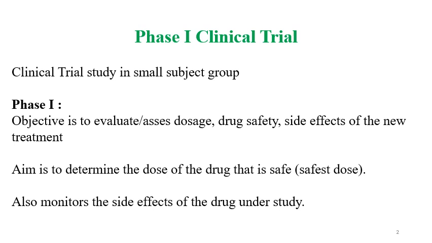And during this study, the phase 1 clinical trials also monitors the side effect of the drug under study. So if you know that the new drug is prepared, new drug is synthesized, the preclinical studies are completed, and IND is approved by the regulatory body, then you go for the clinical trials in the human beings.